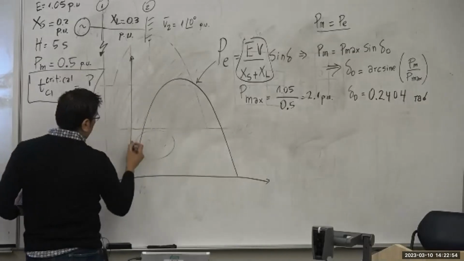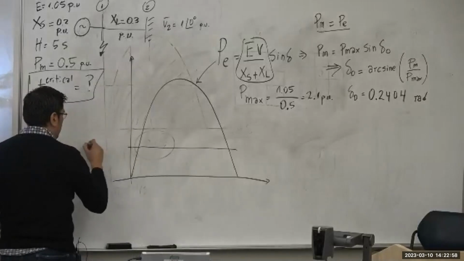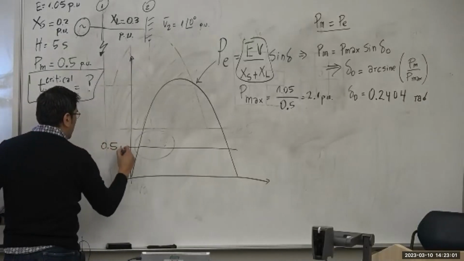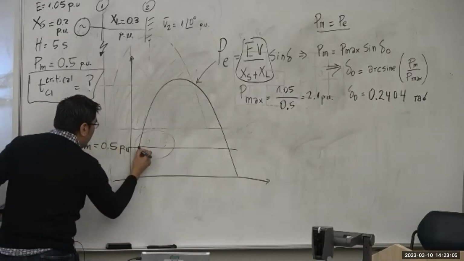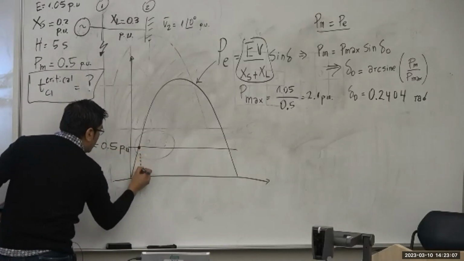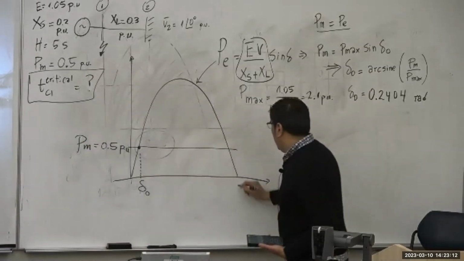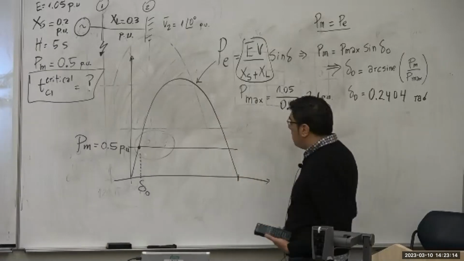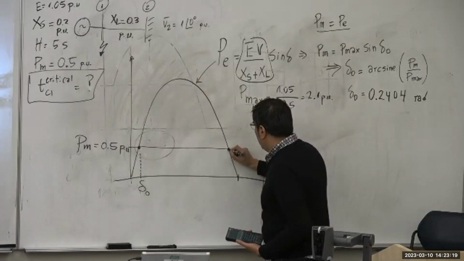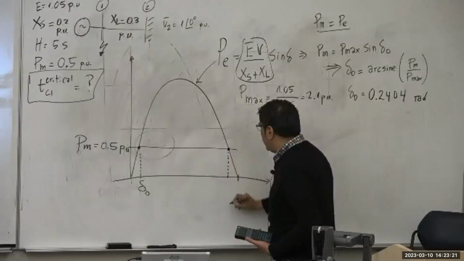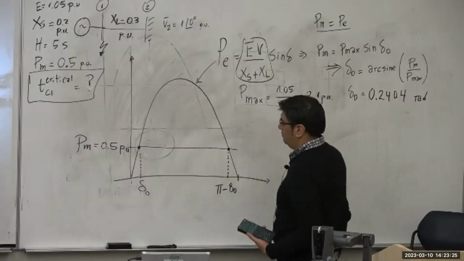If this is 2, maybe here is the mechanical power, which is 0.5. And this point right here is delta 0. Because here you have pi, and by this symmetry, then the point here at the saddle node is going to be pi minus delta 0.